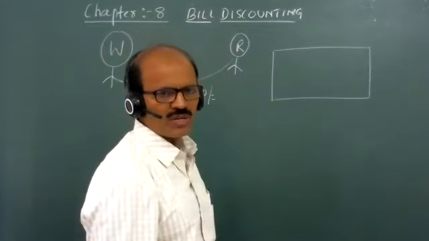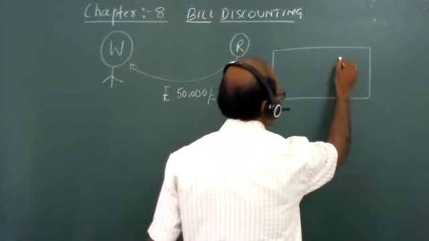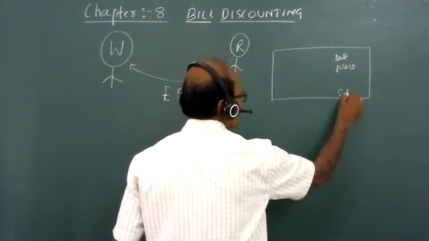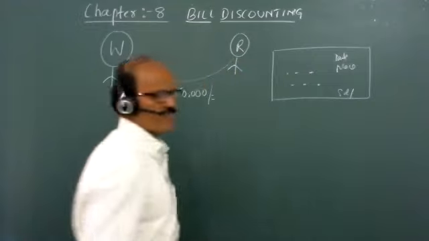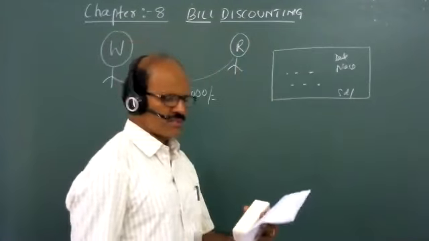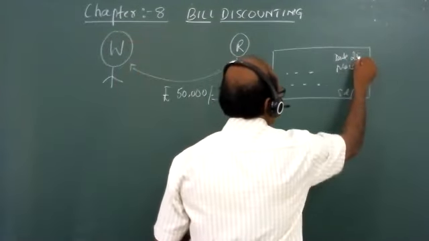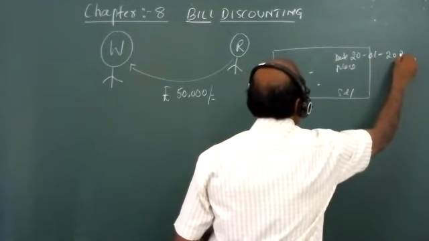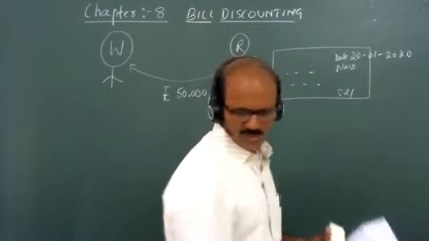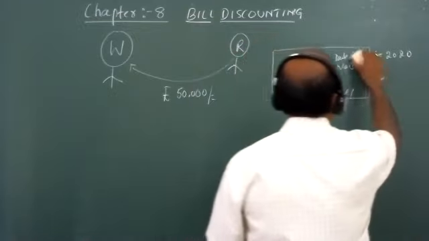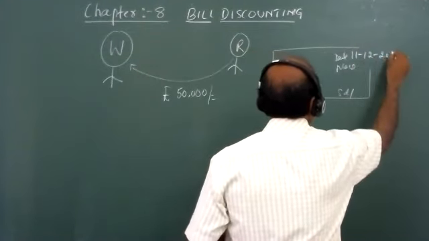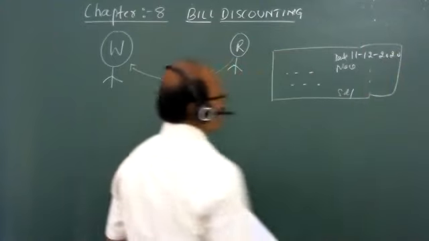The bill of exchange has a format: a date, place, signature, everything is there. Assume that the bill is drawn on 11/12/2020.